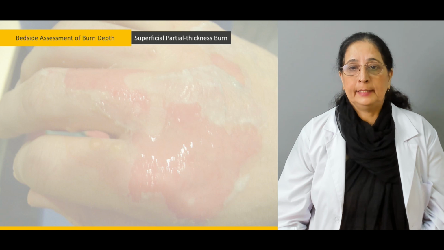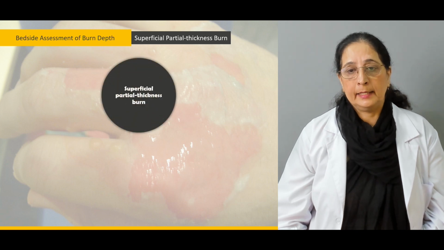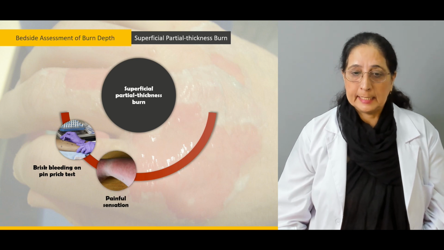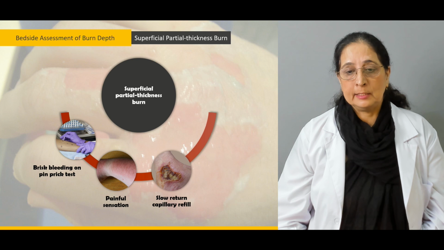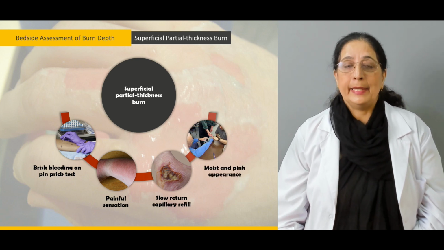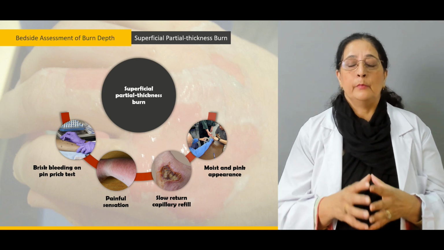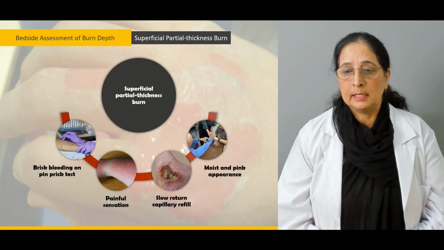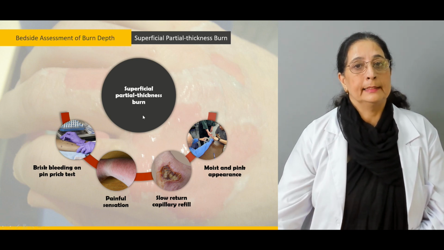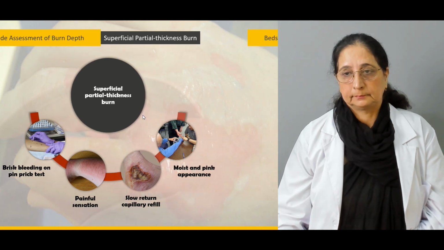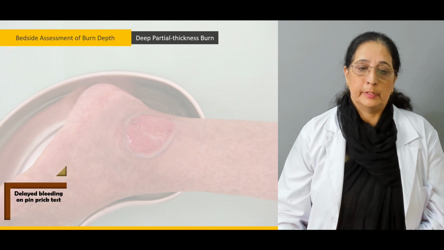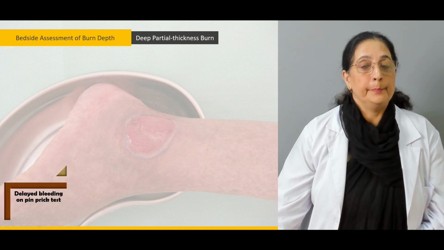Superficial partial thickness burn, how do we assess that? Brisk bleeding on again pinprick test, painful sensation, slow return of capillary refill, and moist and pink appearance. These are moist, they have blisters present, and there is a pink appearance of these superficial partial thickness burns. Then deep partial thickness burn: delayed bleeding on pinprick test.